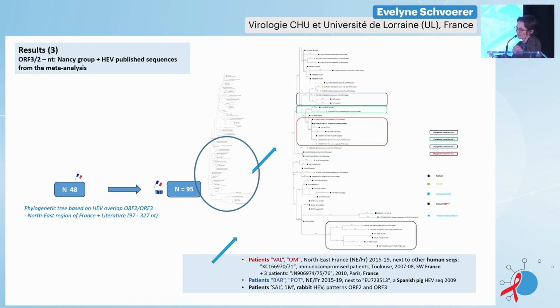And for example, in the blue part of the phylogeny tree, we are allowed to suggest that one of our sequences was very close to a sequence from a Spanish pig. So we usually observe these trees, but we believe that it will be more often done for a better understanding of these transmission routes.